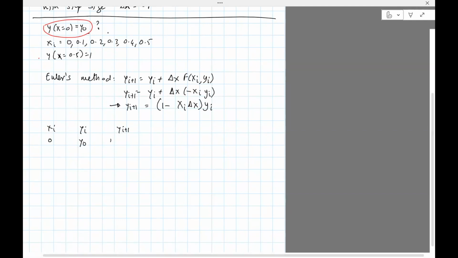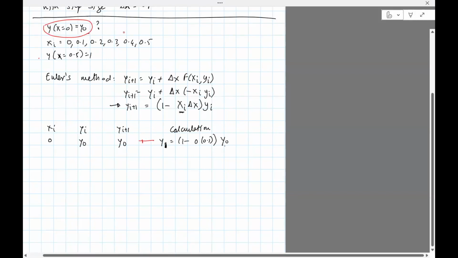So let's do the calculation here, and the answer I'll put back there, okay? So y1 equals 1 minus x_i, where the initial value x0 is 0, times 0.1 times y0. So we see that y1 is y0. The first update is simply y0.